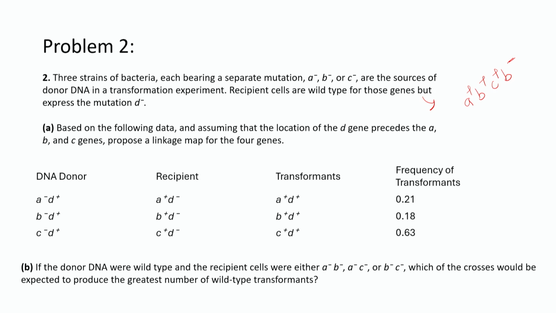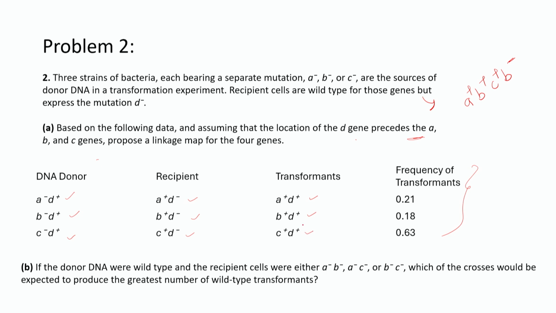Now what are they asking based on this? Based on the data given in this table, they are asking us to assume that the location of the D gene precedes A, B and C, and propose a linkage map for the four genes, right. In every cell you see, the donor is D plus and the recipient is D minus, and in every transformant you have D plus.